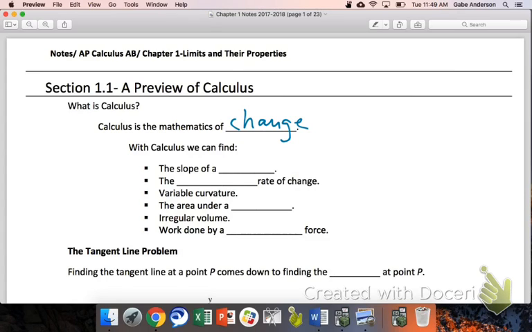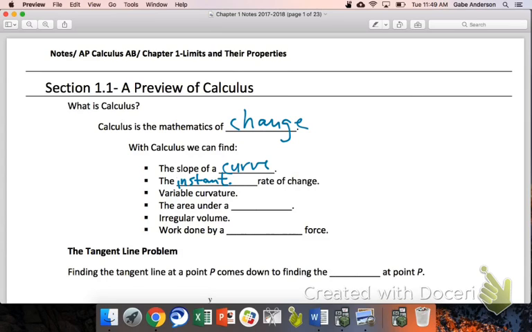You've been doing that for a long time. But now we can find the slope of a curve. We can find the slope of a curve instead of just only lines. We can find the blank rate of change. Instantaneous, yeah. Pretty powerful tool. So the instantaneous, I'll just put instant right there, instantaneous rate of change.